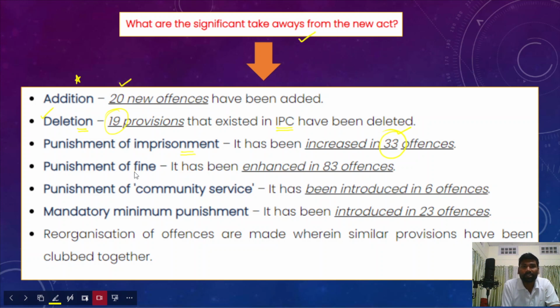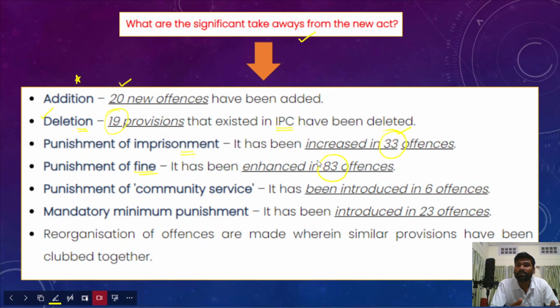Apart from that, the punishment of fine has also been enhanced for 83 offenses. In the Indian criminal justice system, there are certain offenses in which, along with the imprisonment, you would also be levied certain fines.